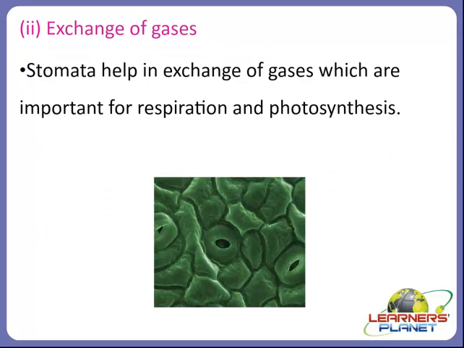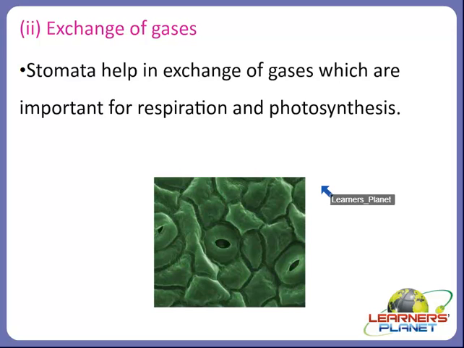Then another very important function of leaf is exchange of gases. So here stomata are the tiny structures or tiny openings present underneath the leaf surface. They help in exchange of gases which are important for respiration of plant and photosynthesis.